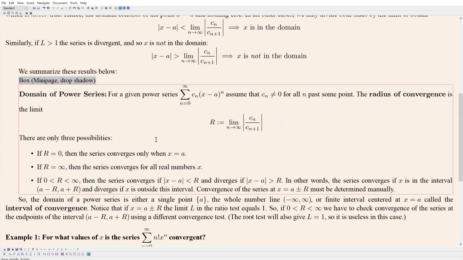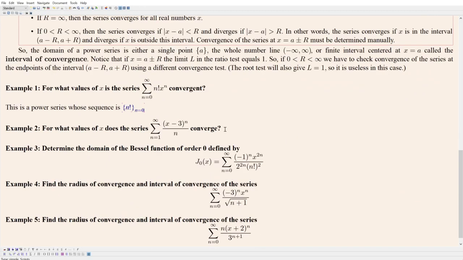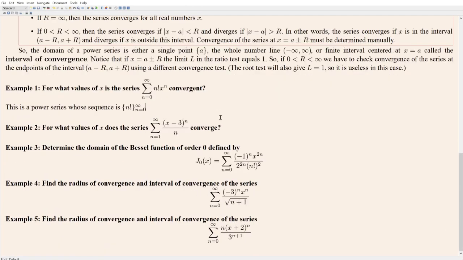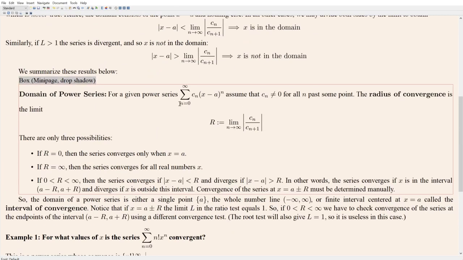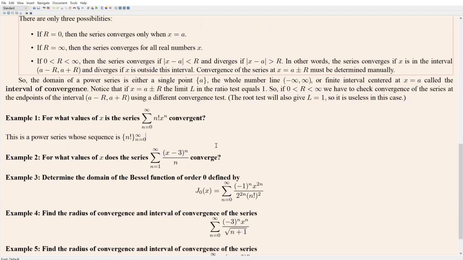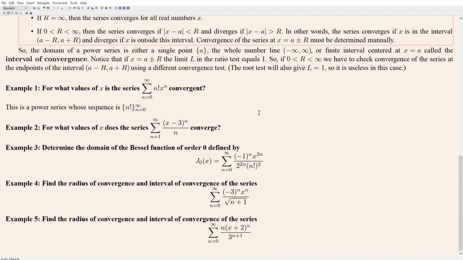Notice that the starting point is at 0. For power series, the starting point is always going to be 0 by convention. Well, not always, but, well, you'll see. Actually, yes, always. For a power series, it does have to start at 0.